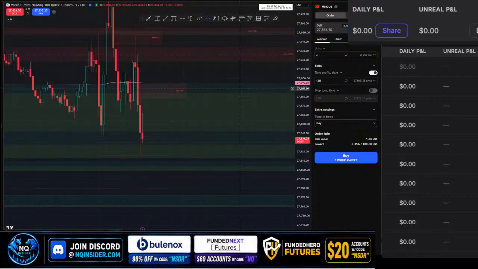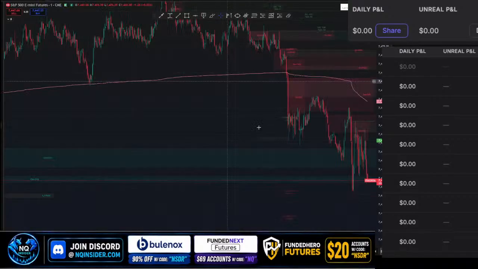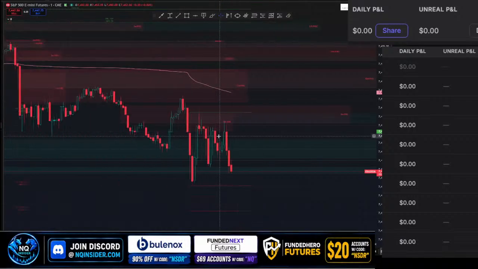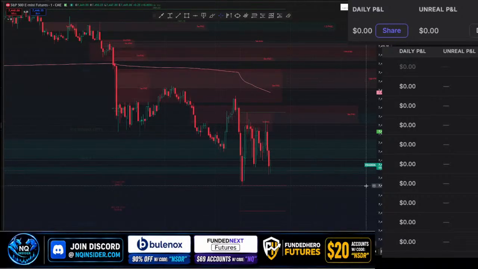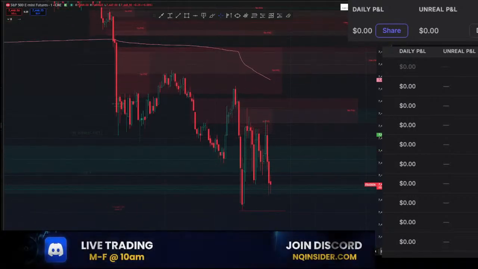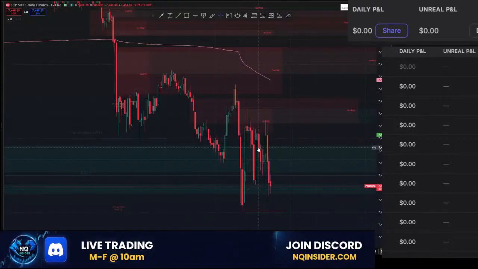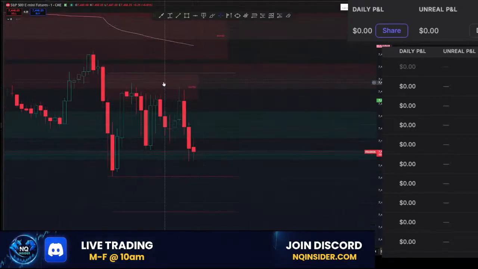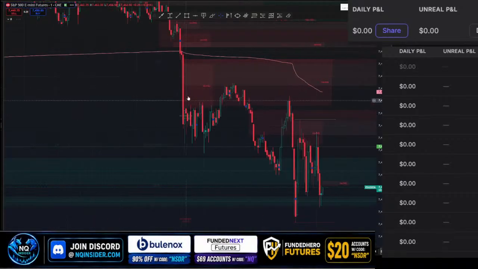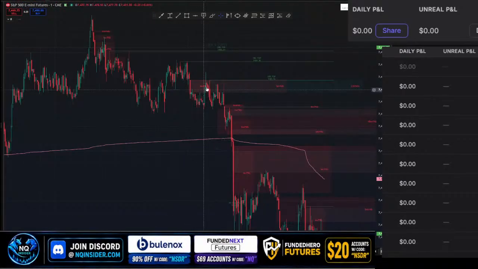ES has 6 double top. Jeez. Where? At 946, you said so. 6 double top. Where? I see nothing. Are you talking about this? Well, this is higher.